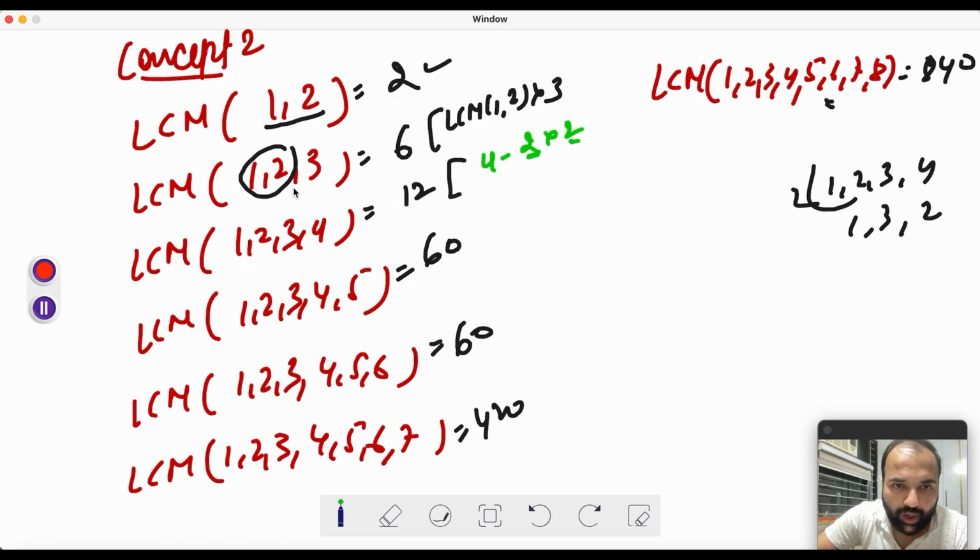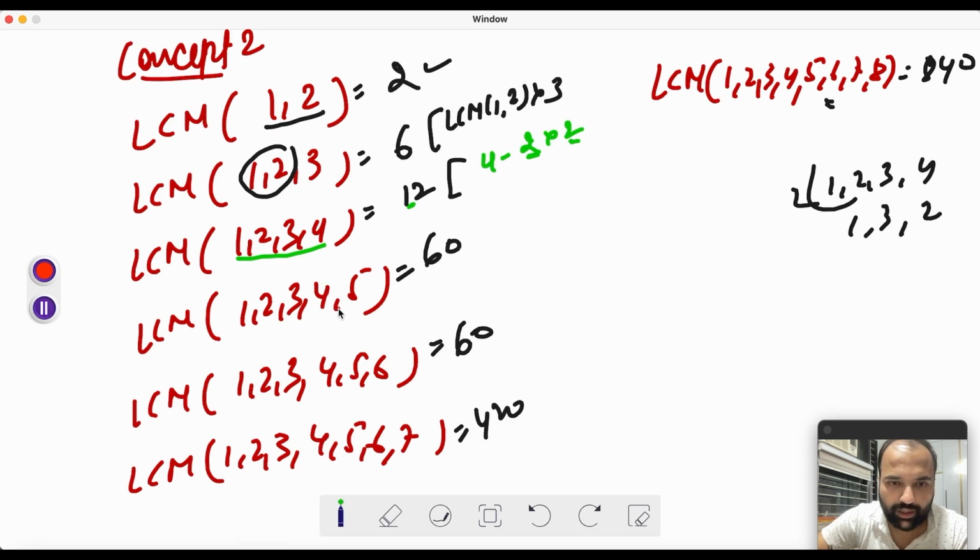So how many 2's are we adding? We are just adding one extra 2. So we are multiplying it by 2, because just one extra 2 is being added. So we are getting 12.